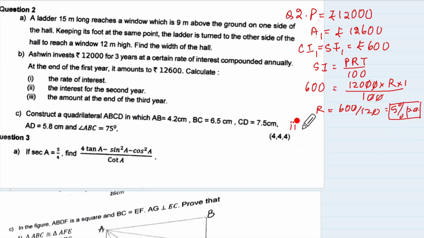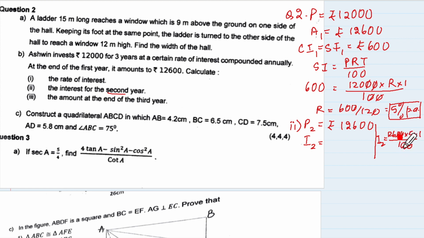For the second part, we need interest for the second year. So now remember, amount after first year becomes principal for the second year. So I'm writing 12,600 here, and interest for the second year, I2, is going to be equal to, I'm showing the working here, 12600 into 5 into 1 upon 100.